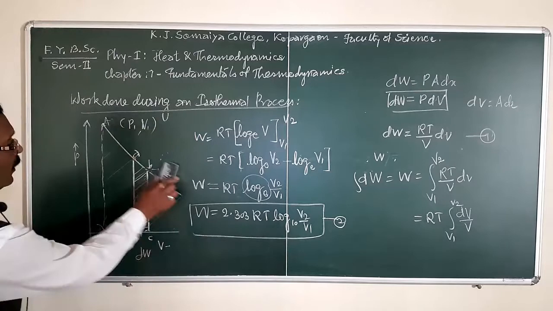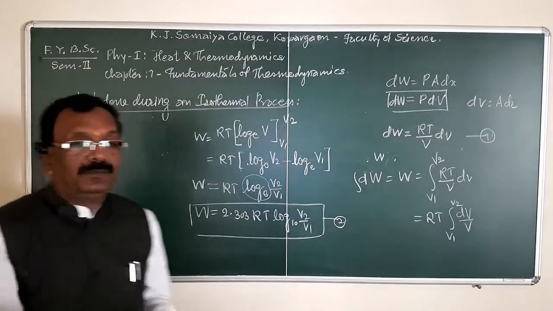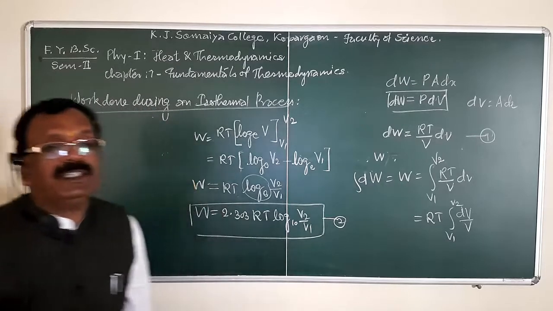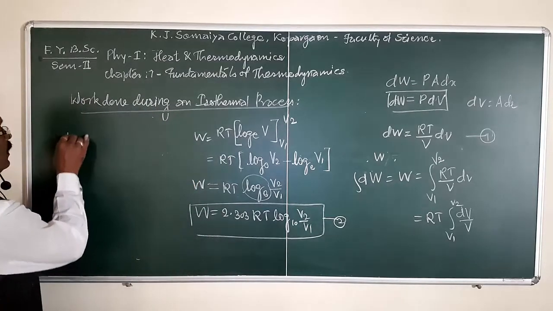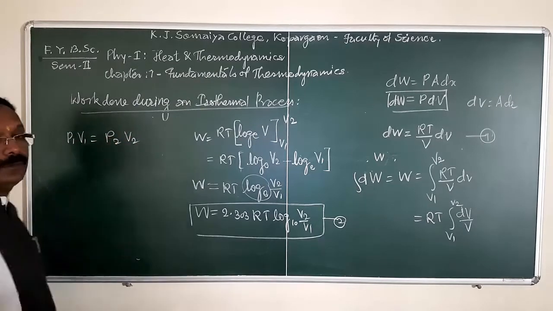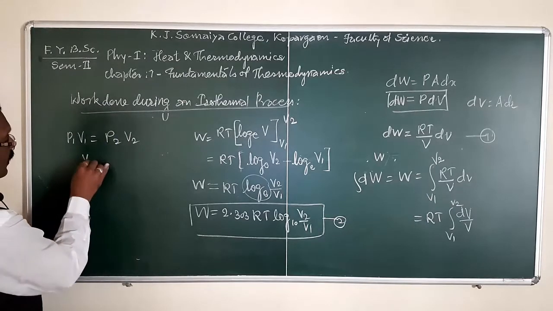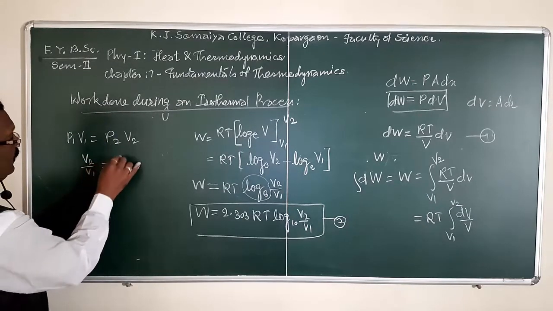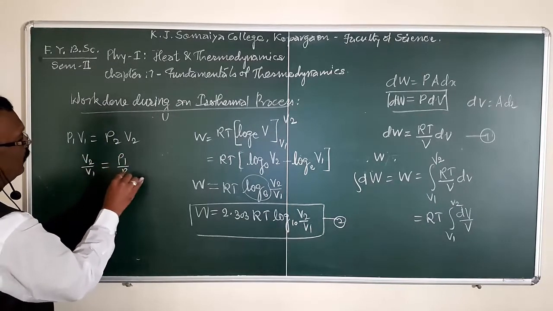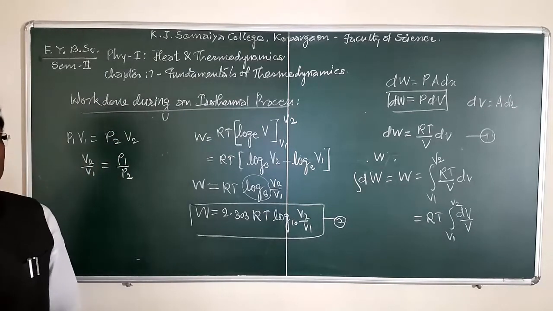Now, for isothermal change, we know that P1 V1 is equal to P2 V2. From this equation we can write V2 upon V1 is equal to P1 upon P2. We simply interchange the terms P1 V1 and P2 V2.